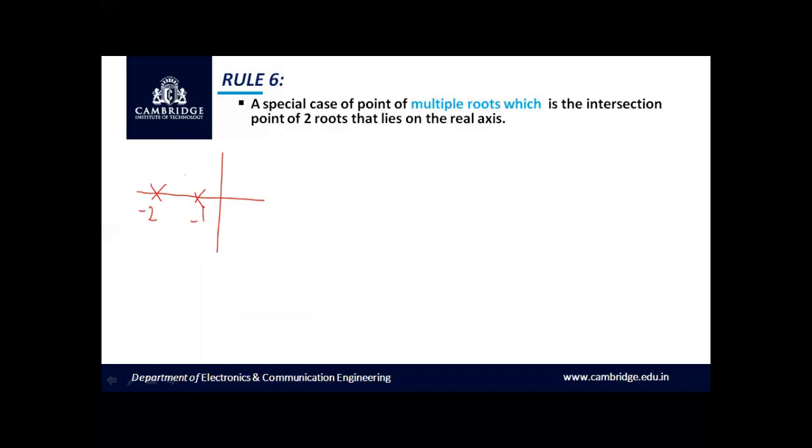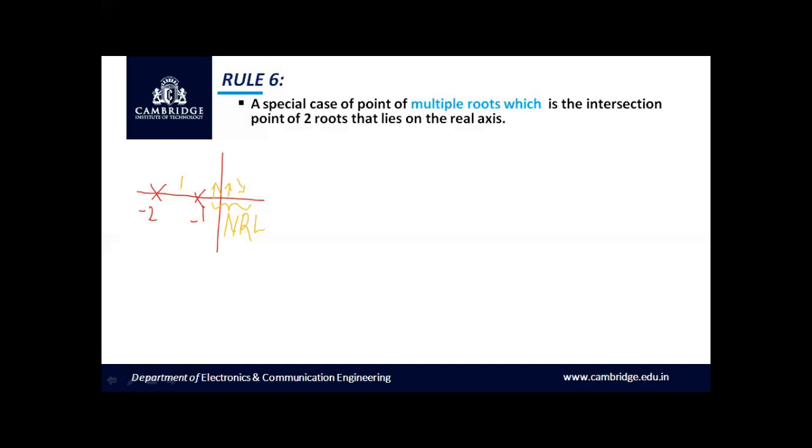So let us take a point on the real axis, and if you look into the right side, you have to check whether we have any odd number of poles and zeros towards the right. No, in this case we don't have any odd number of poles and zeros. Hence, we can say that root locus does not exist, NRL.